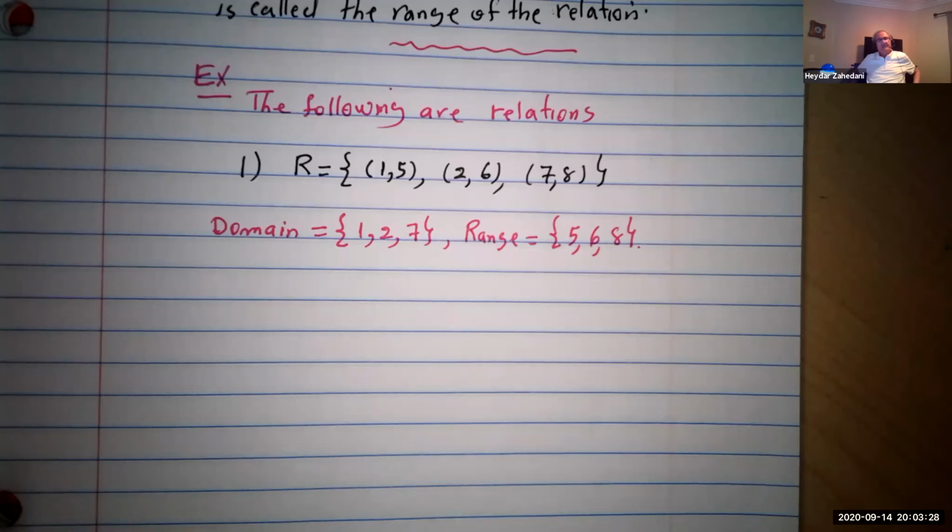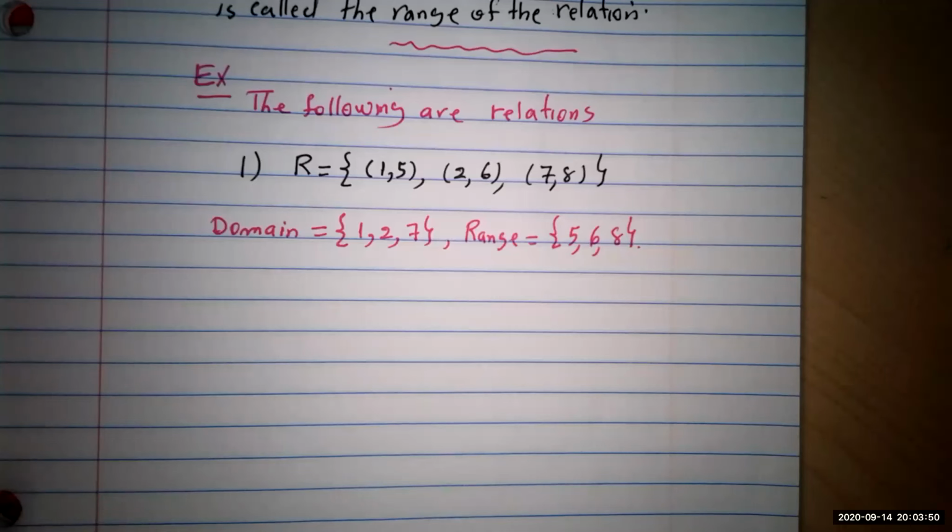Where do you go in everyday life? Give us the name of a place that you go every day, or sometimes during the day. Work. Work, yes, very good. Work is a relation.